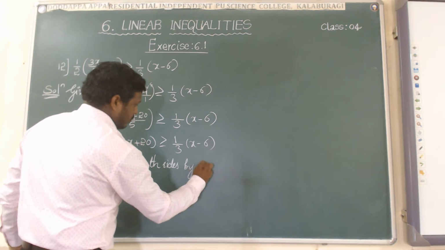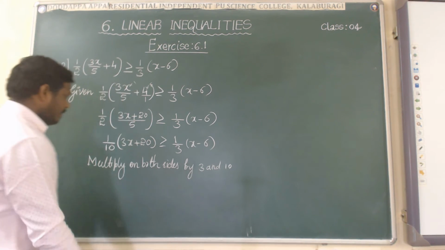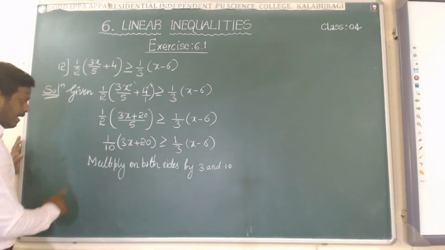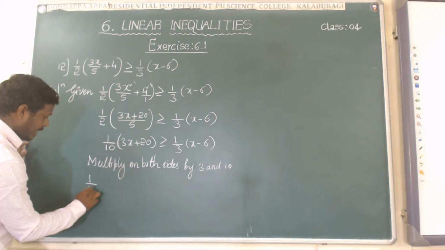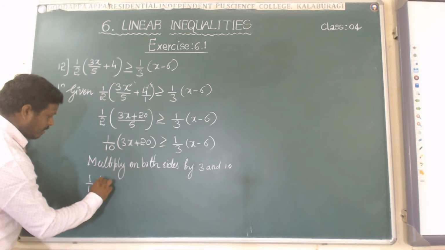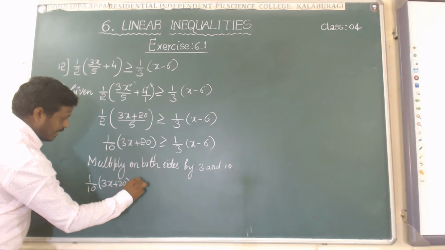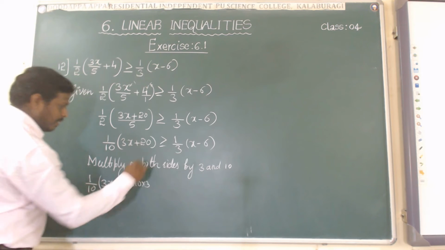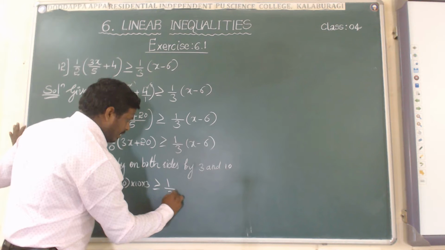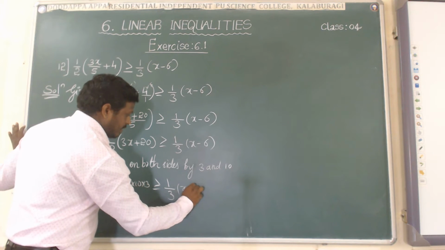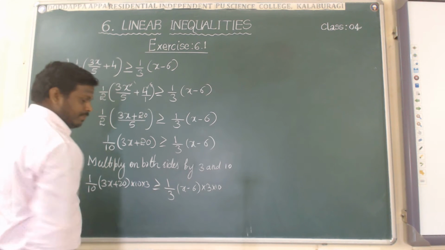We get 1 by 10 of (3x plus 20) into 10 into 3, the symbol as usual, and 1 by 3 of (x minus 6) into 3 into 10.